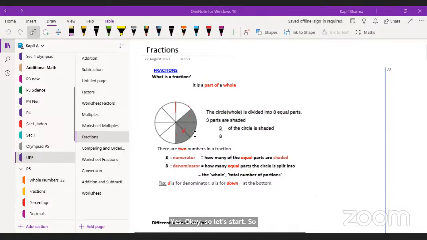First of all, what is a fraction? It is actually a part of a whole, right? So let's say you have a pie or a circle, and it's been divided into 4 equal parts.